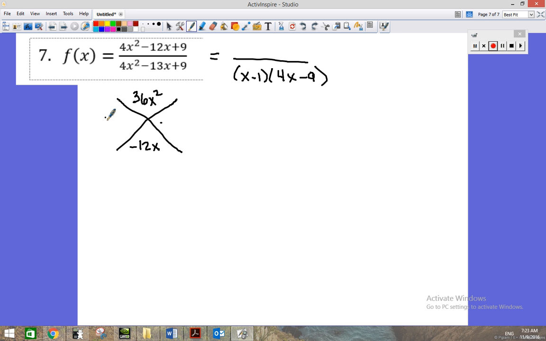6 and 6, negative 6x and a negative 6x works because negative times negative is positive, and when we add these we do get the negative 12x.